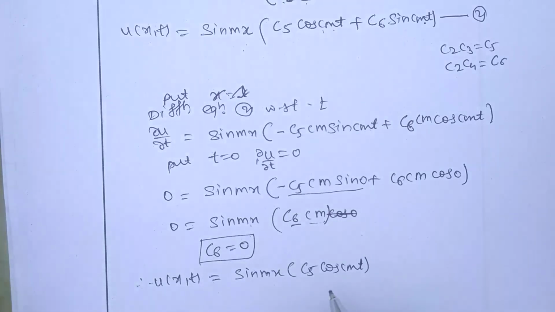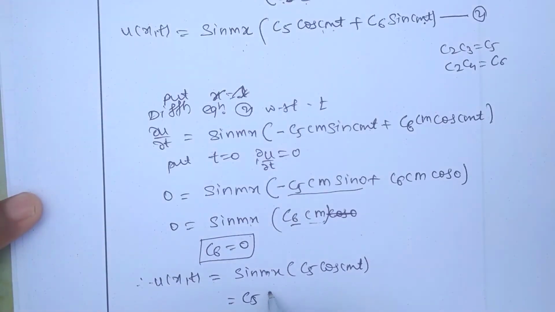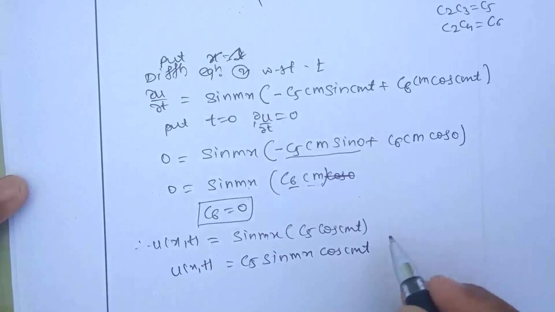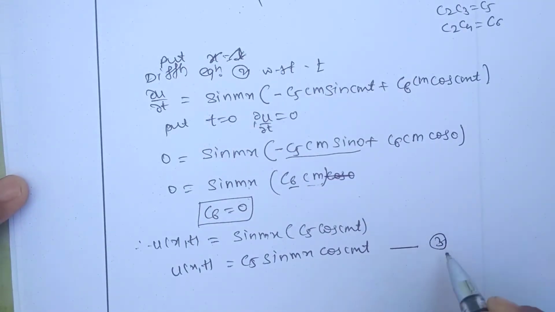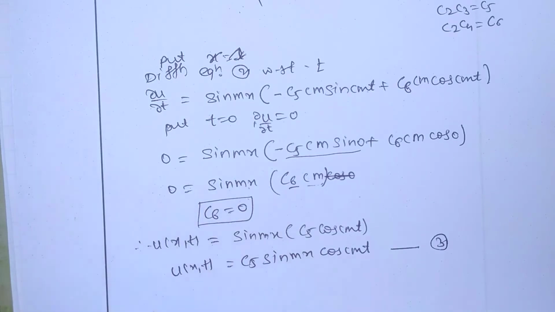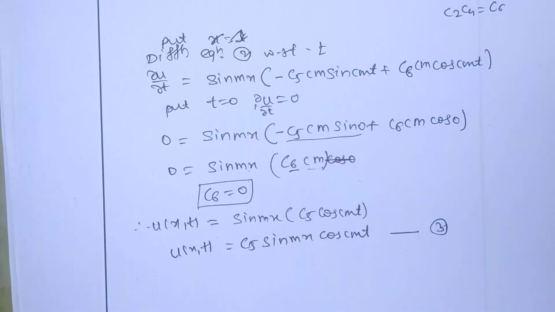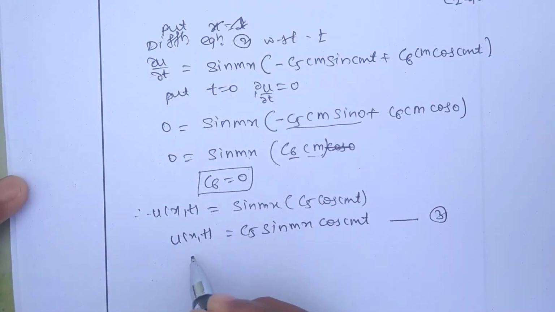Then simplifying this, we will get c5 sin mx into cos cmt, that is u of x comma t. Call it equation number 3. Now there is only one constant. You have to use the condition number 2 and find the value of m.